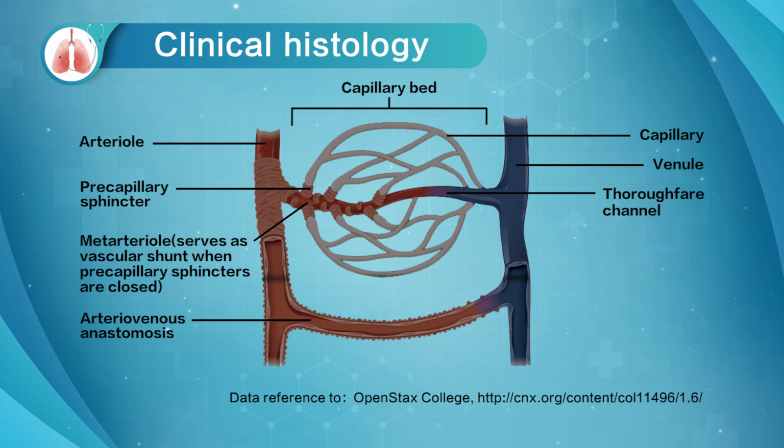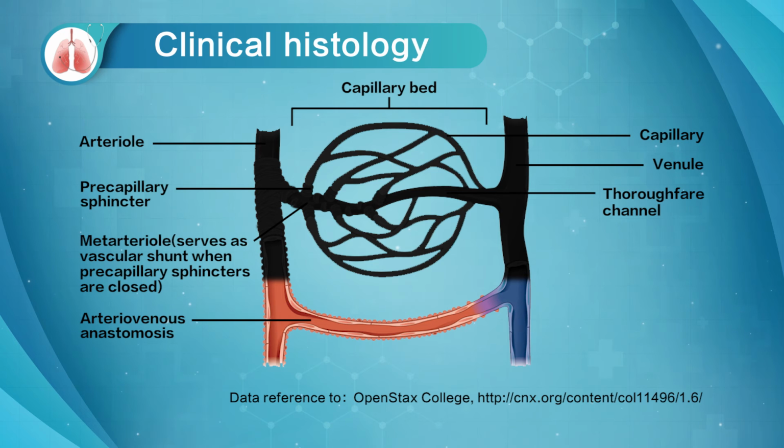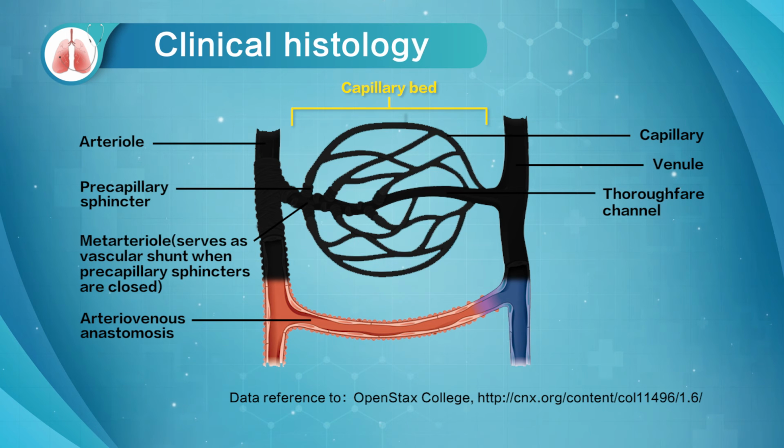venules. Now let's move to the lower part of this diagram, which illustrates the AVA. The arteriole may simply connect with the venule to form the AVA. When AVAs are open, a large amount of blood bypasses the capillary bed and flows through the AVA into the venous system.